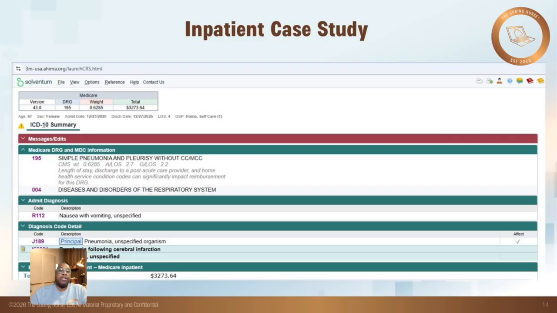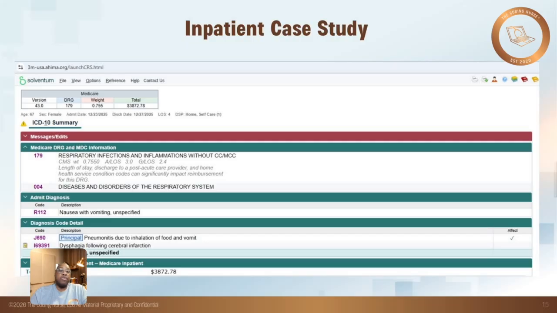Now we're going to look at the DRG if the query came back that it was aspiration pneumonia. If we look at aspiration pneumonia as the principal diagnosis, we have a DRG of 179, looking again under Medicare DRG and MDC information. So we have respiratory infection and inflammations without CC or MCC. We have a different weight, and we have a different total dollar amount.